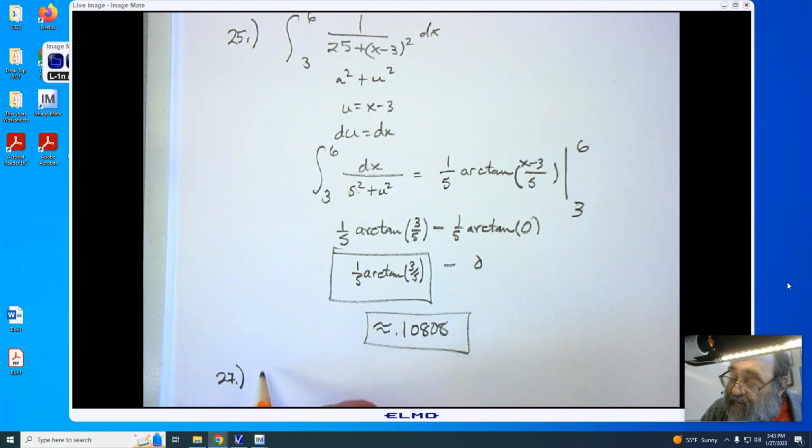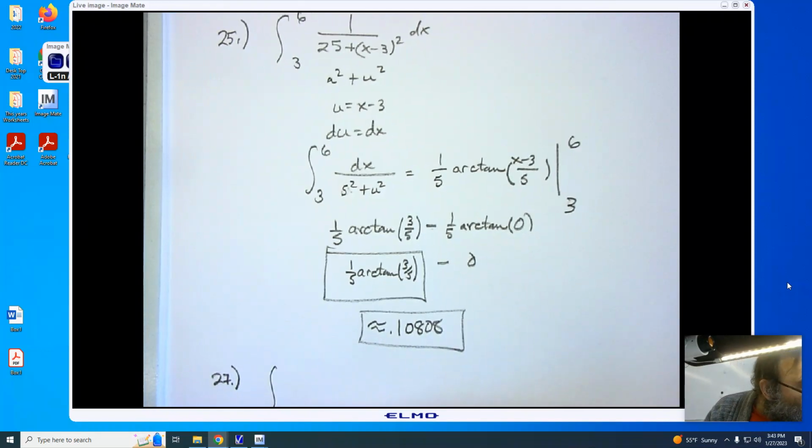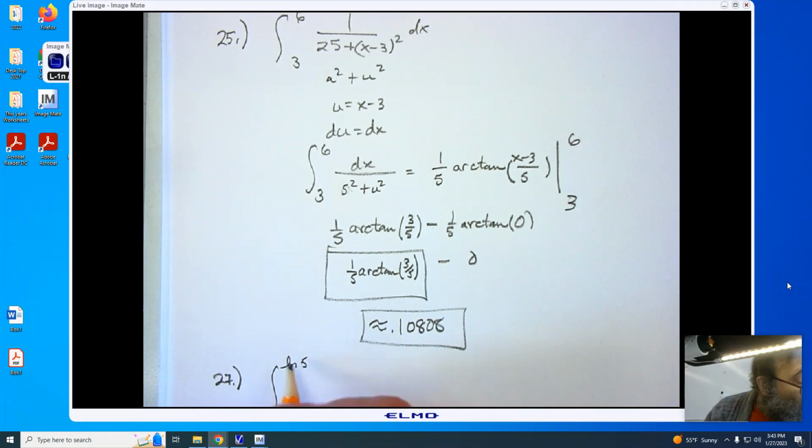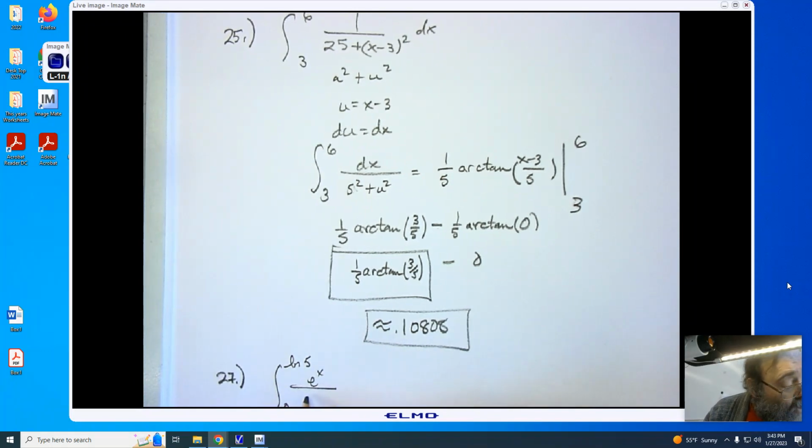Number 27 is giving me the integration from 0 to the natural log of 5, and I have e to the x divided by 1 plus e to the 2x dx.